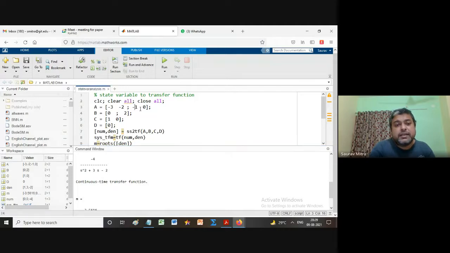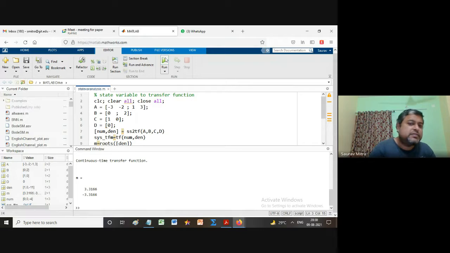Okay, then this 0, if you are making it, suppose, 3, let's see what it gives. So the 0 element, I have changed to 3, and you're finding the same thing, one root is positive, one root is negative. So this thing I am making positive again. So for different cases of each row element, you have to find what the stability is.